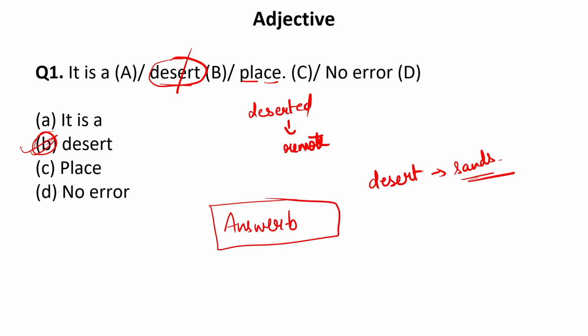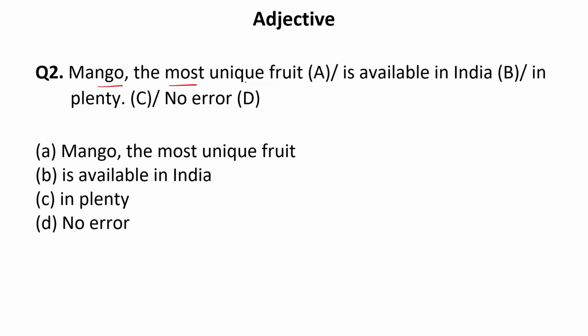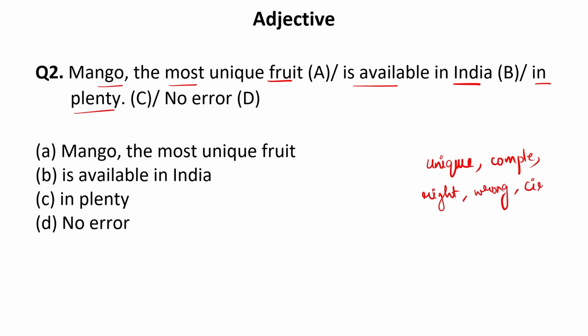Now let us move to the next one. Mango, the most unique fruit, is available in India in plenty. Now whenever there is any word like unique, or it is a complete word in itself, for example, complete, right, wrong, or we have words like circular, round, any shape, or we have words like absolutely.